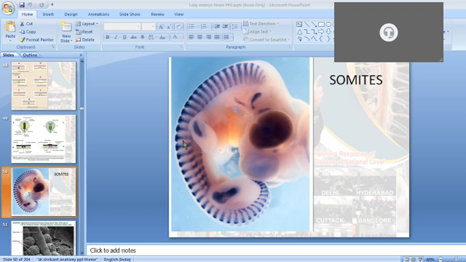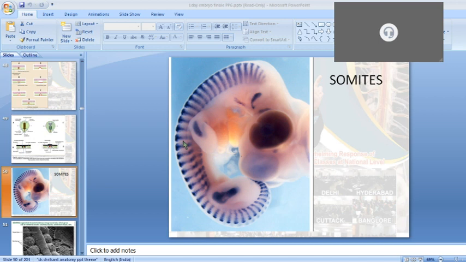The anterior neuropore closes on the 25th day, while the posterior neuropore closes on the 28th day. Now if there is non-fusion of the neural tube, that is known as a neural tube defect. Now, further, the neural tube is a tube-like structure.